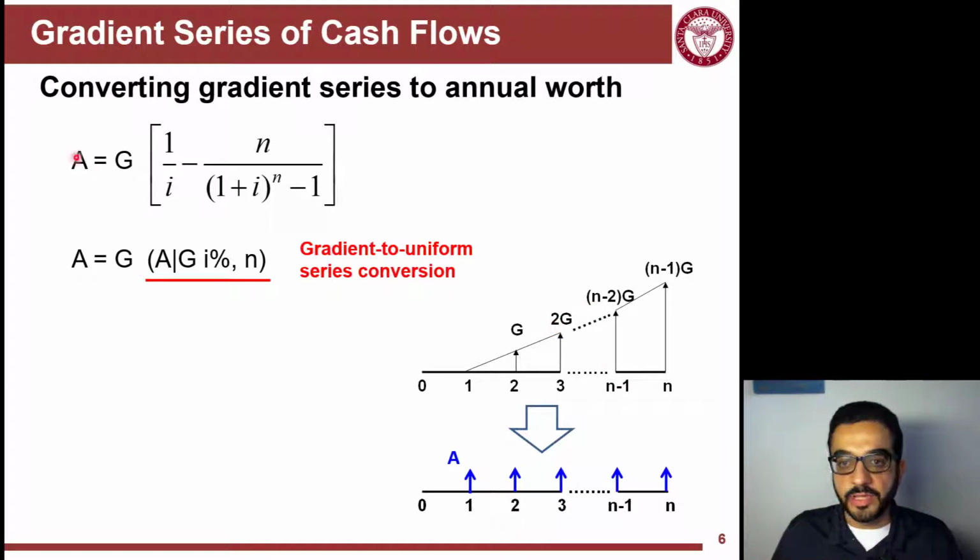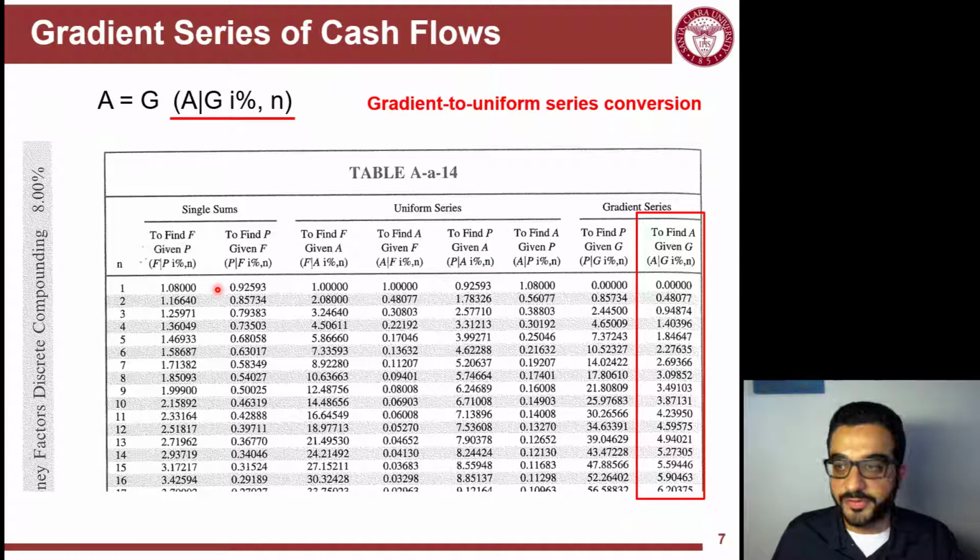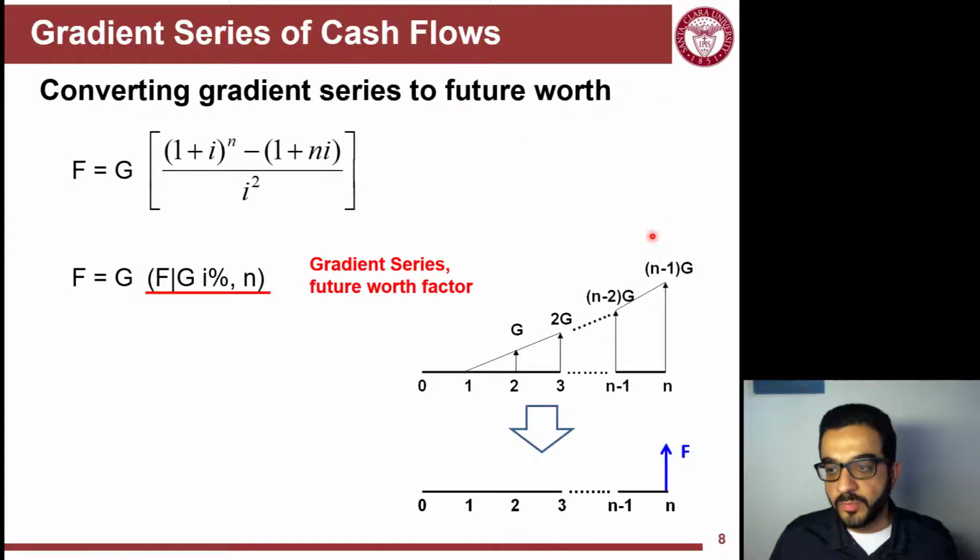I can calculate this A value for a G cash flow with this formula, or with the factor A given G. You can guess it, this factor is another column in the tables. So I covered P given G, and I also covered A given G.